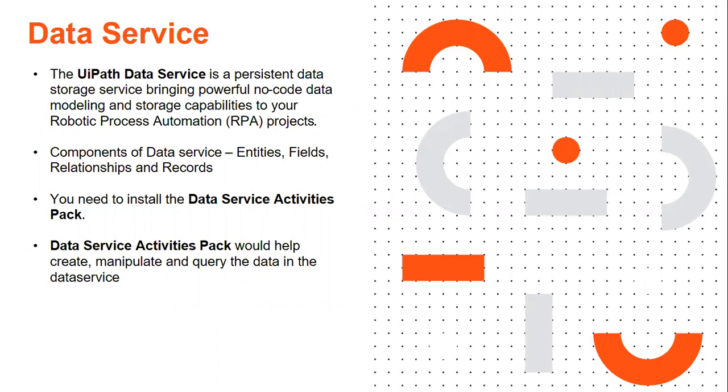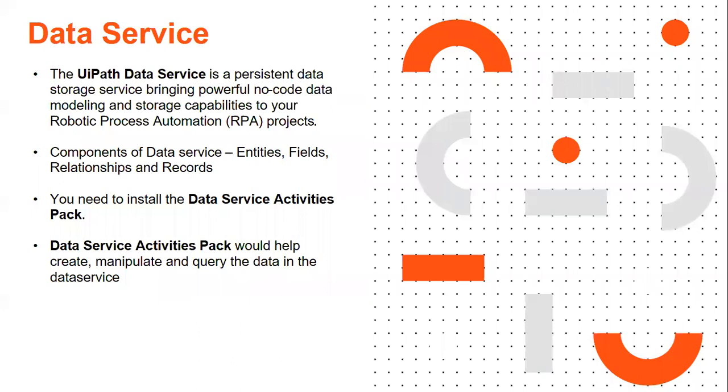If I talk about the different data types, for a database we all know them, but for data service, I think we can have text, number, a yes or no field, date time, and relationships. When I talk about relationships, if you remember, in a database we have primary key and foreign key, wherein we can link 2 tables.